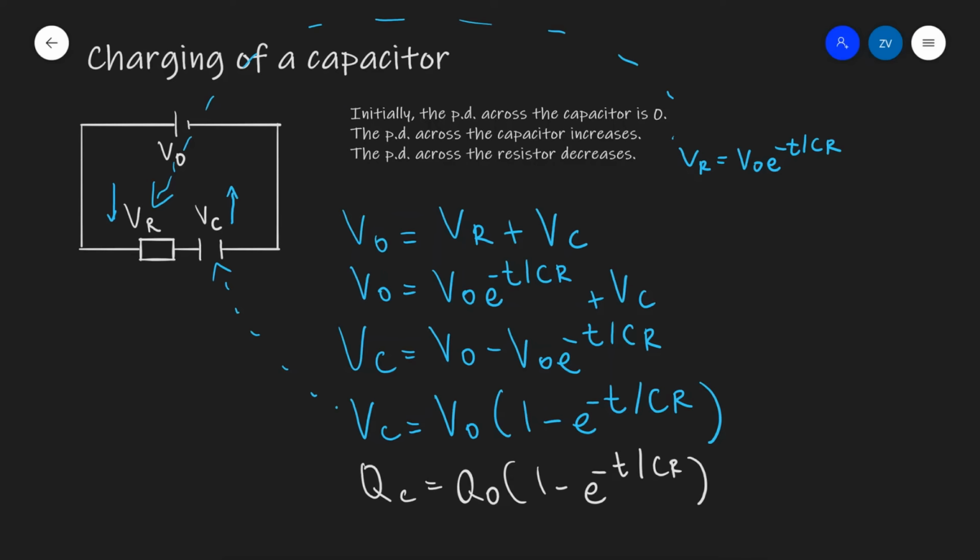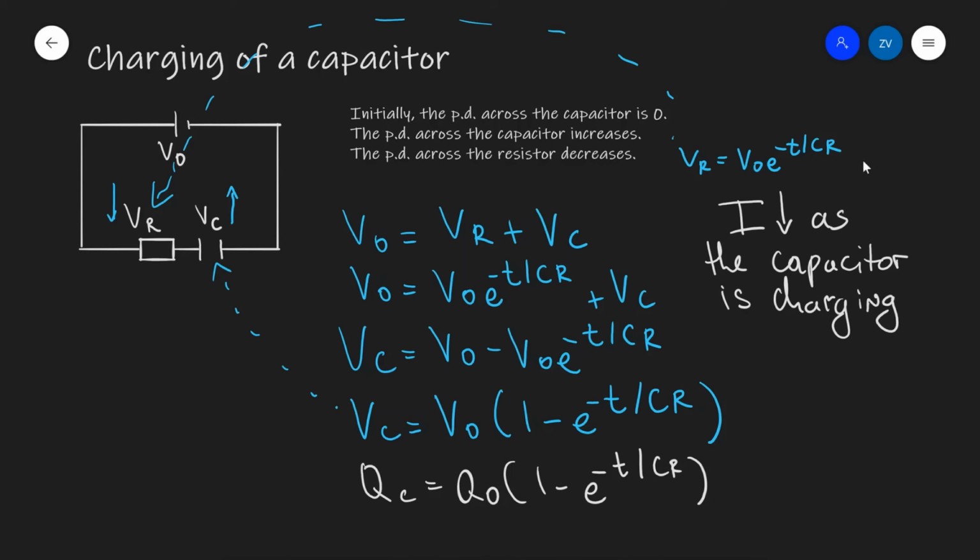However, if we wanted to find the current in this circuit, notice that the current will be dropping down in this series circuit as the capacitor is charging. And this is because the PD across the resistor is going down. So what I'm going to say is that the current in the circuit will be decreasing as the capacitor is charging. And it will be decreasing by the same factor as the potential difference across the resistor.